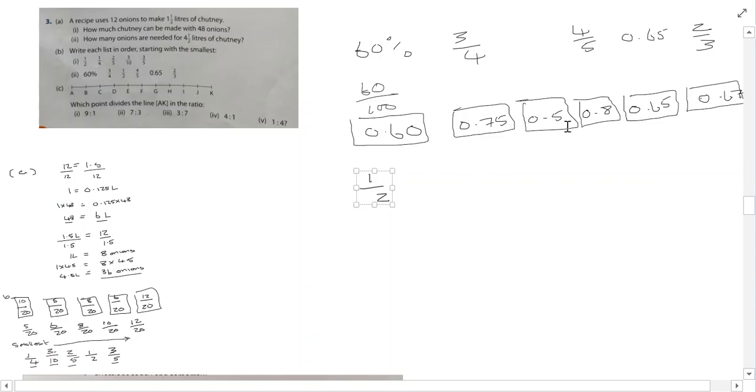So after 0.5, what's the next smallest? You have 0.6 or 0.65 or 0.67. 0.6 is going to be the next one, so 60%. Again, we'll just move this down here. Remember, we're going from smallest to largest. The next one up from 0.6 is 0.65, which is this one here.